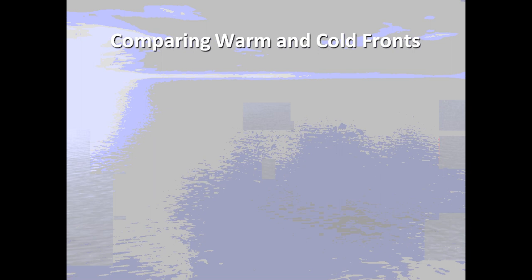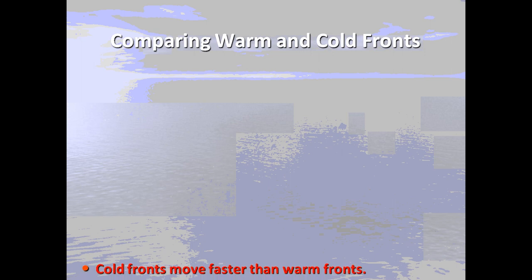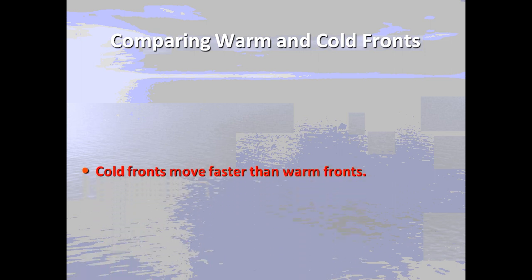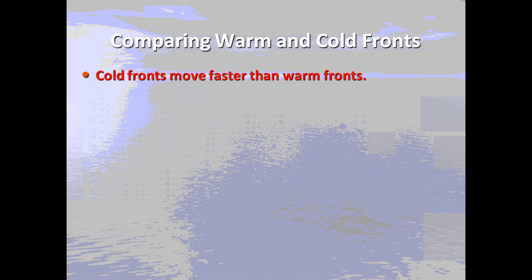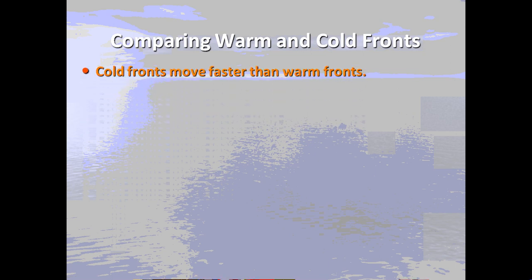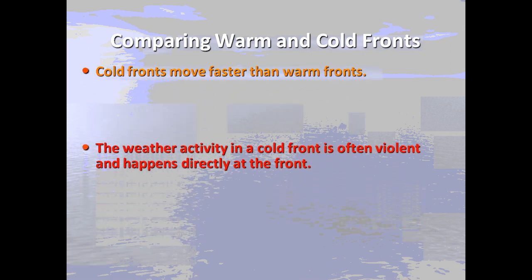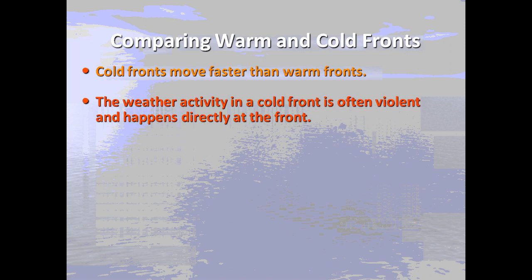So let's go ahead and compare the warm and cold fronts a little bit to get a gist of the differences and the things that make them interact with one another. So first, cold fronts move faster than warm fronts. The weather activity in a cold front is often violent and happens directly at the front.